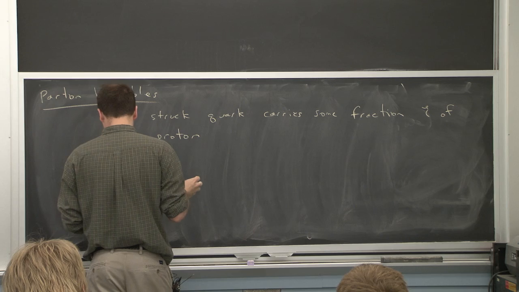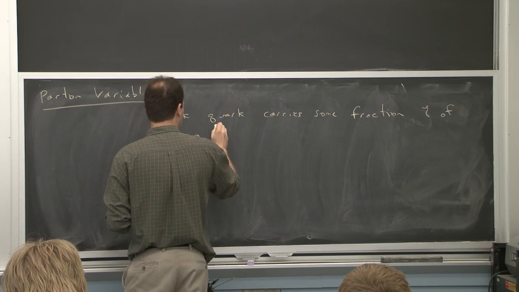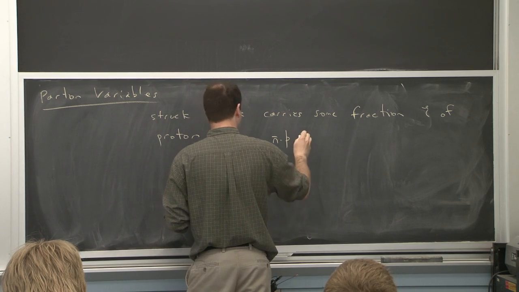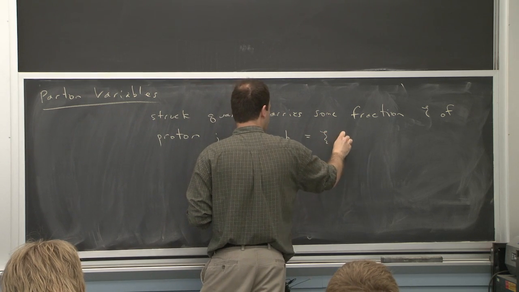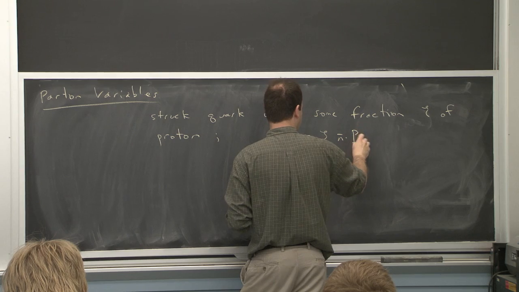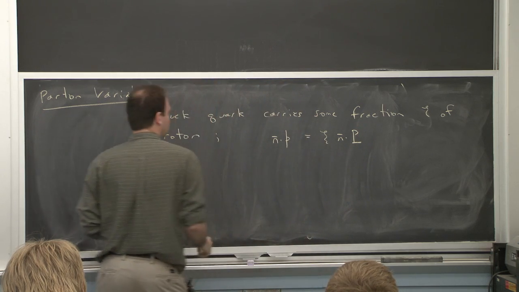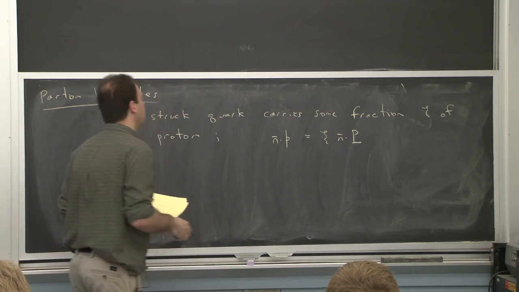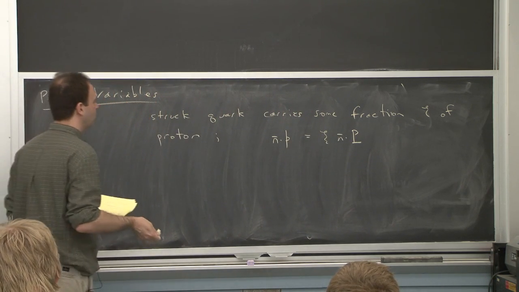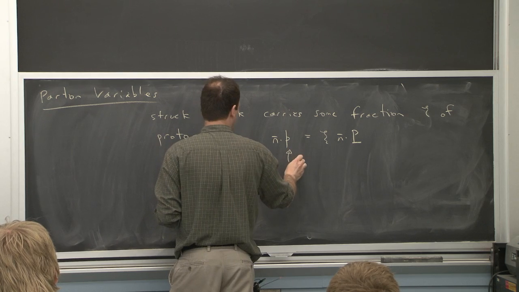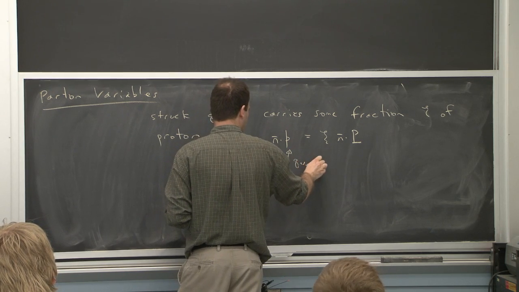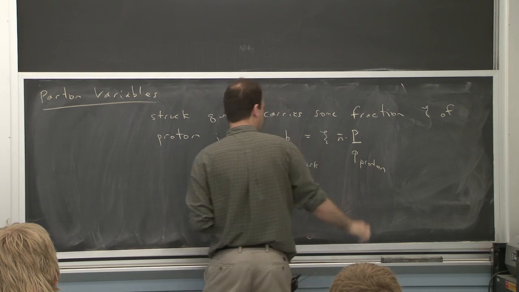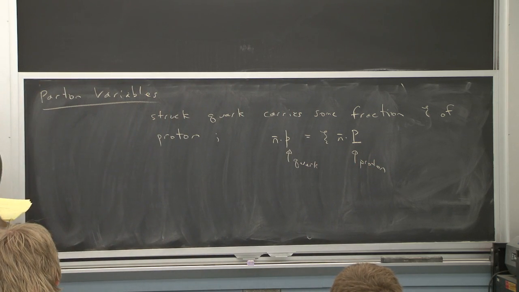And for our analysis, what we're going to do is just take n-bar dot little p of the quark to be something times n-bar dot big P of the proton. So the fraction is this xi variable, and it's the ratio of the quark momentum to the proton momentum. But we'll do it in a very particular component, and we'll see why that's the right thing to do.